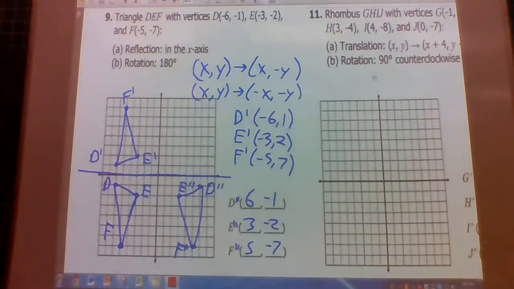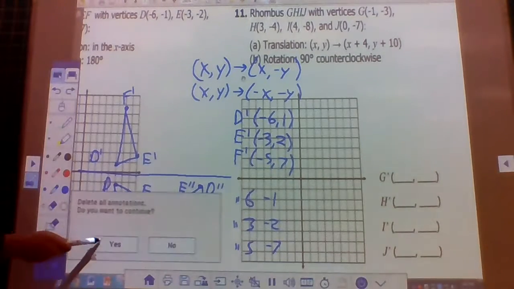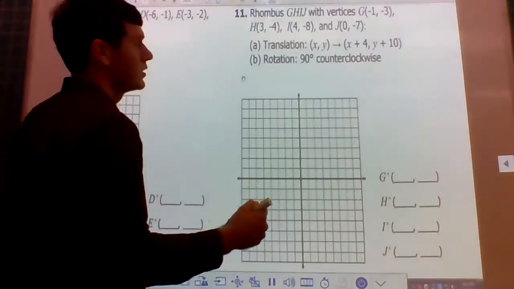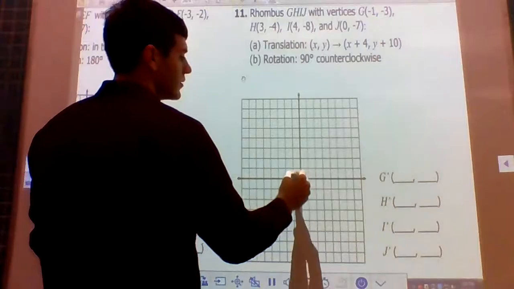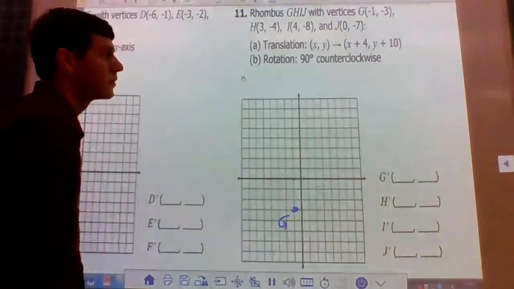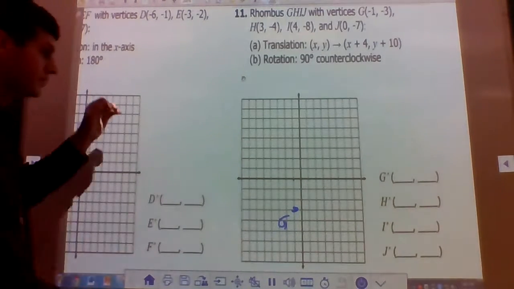Number 11 here. Okay, let's plot our points. We have a rhombus, so G, H, I, J. So negative 1, negative 3 is G. H is 3, negative 4.